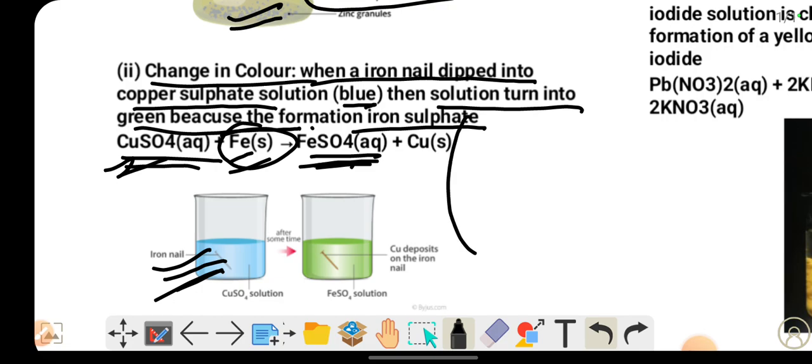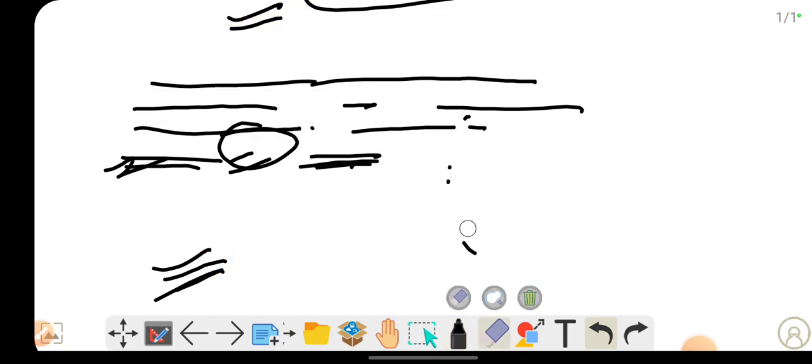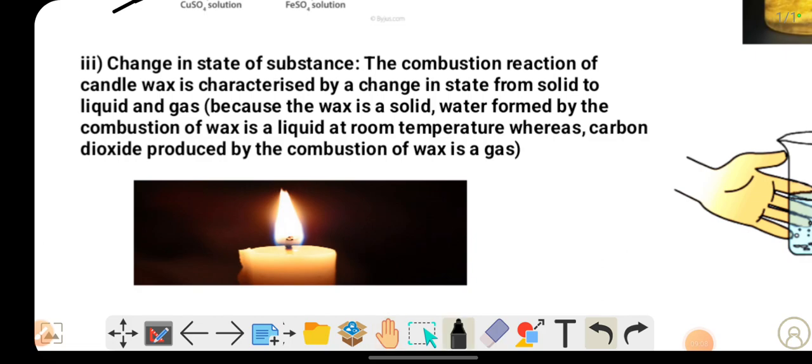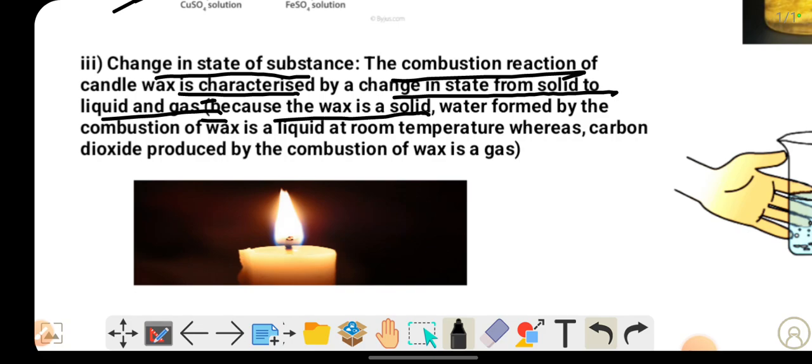Okay, then the third is change in state. The combustion reaction of candle wax is characterized by a change in state from solid to liquid. Okay, because wax is solid.